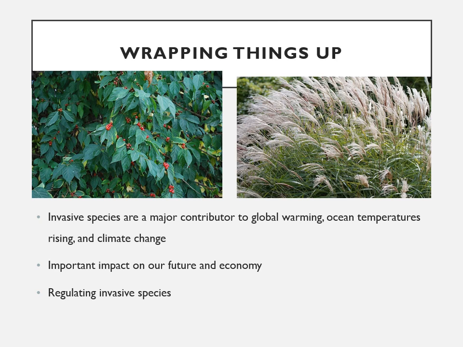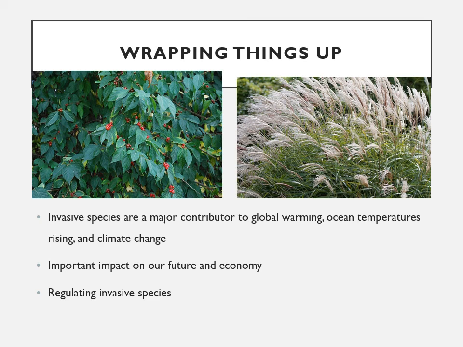So just to wrap things up, these are two examples of invasive alien species that are found in Lexington, Kentucky. On the left is the bush honeysuckle, and on the right is the Chinese silverlings. And so invasive species are a major contributor to global warming, ocean temperatures rising, and climate change.